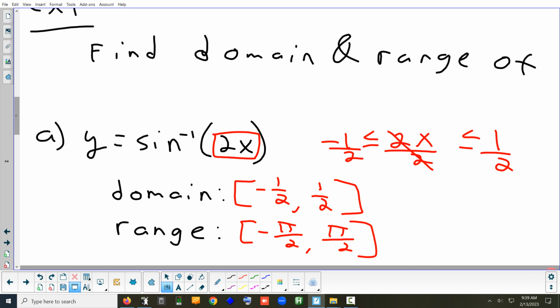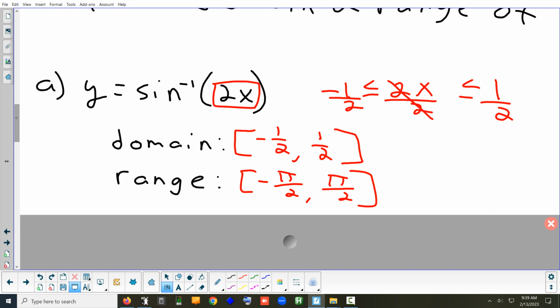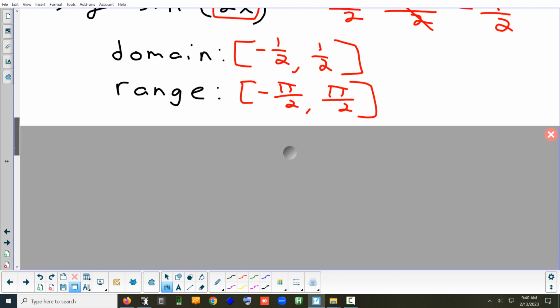Where'd you get the negative 1? That comes from the original domain from the 3 formulas I gave you when we started out: domain and range for inverse sine, inverse cosine, and inverse tangent. So we just have to look those up.